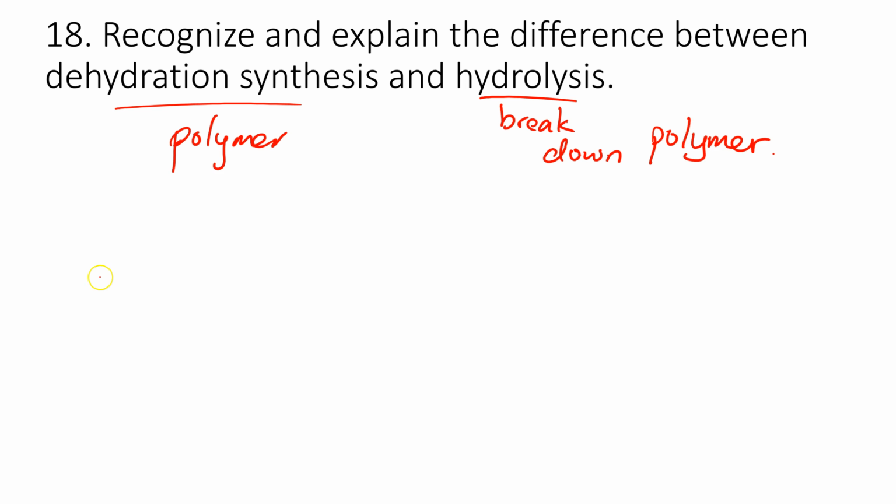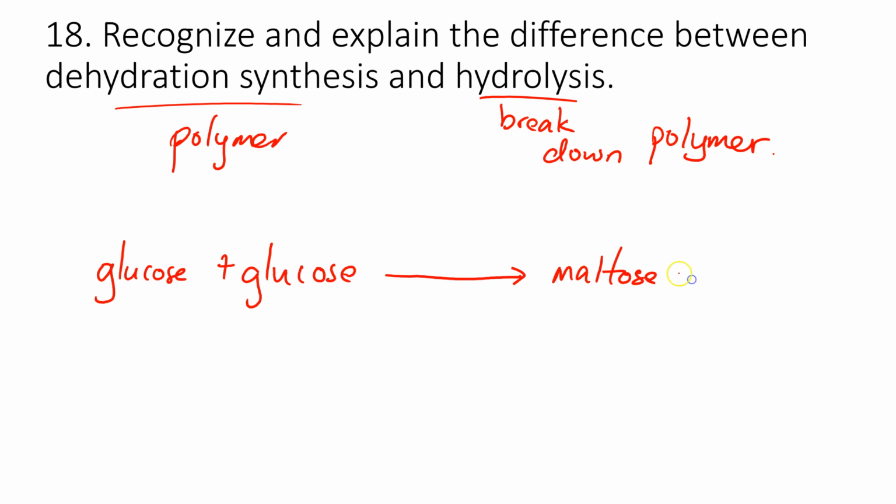So let's say I have an example like glucose added with another glucose. They are going to go through a linking process, and this process is going to make a maltose, and with this I remove a water from the glucose molecules, so I make a water.